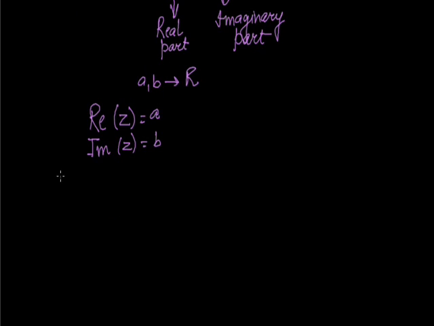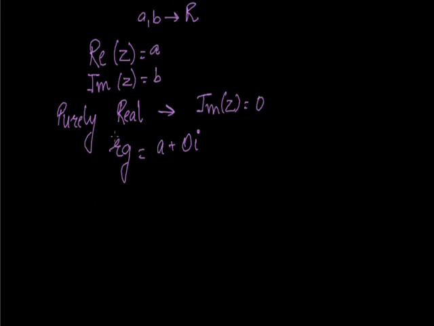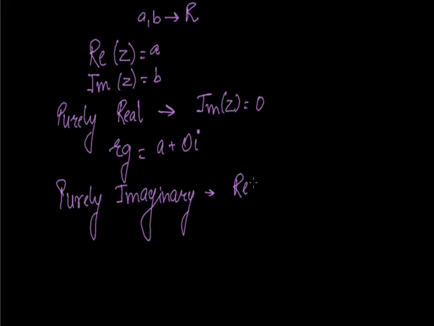If a number is purely real, then the imaginary part of z is equal to 0. Example, a plus 0 iota. And if a number is purely imaginary, then the real part of z should be 0.